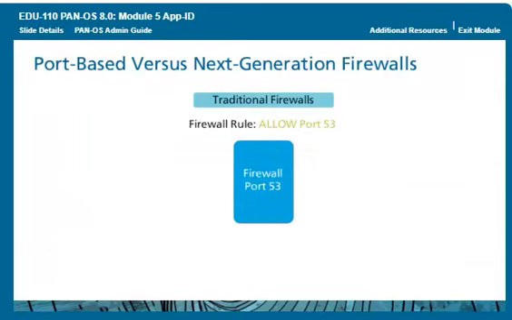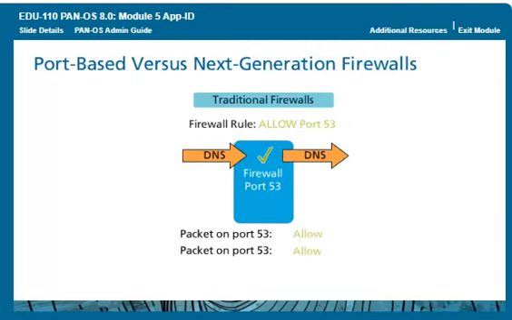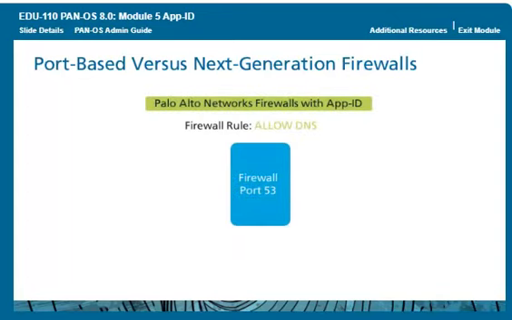Traditional firewalls use port blocking to control traffic. To allow a service such as DNS that uses port 53, the traditional firewall is configured to allow port 53 traffic. The Palo Alto Networks Next Generation Firewall is configured to allow the DNS service.